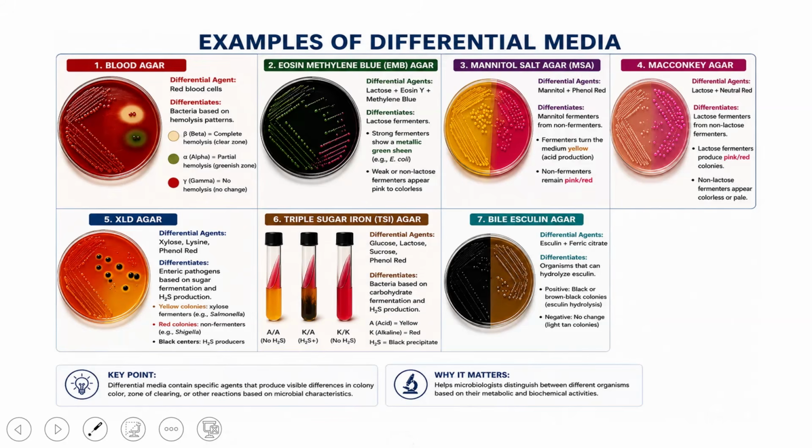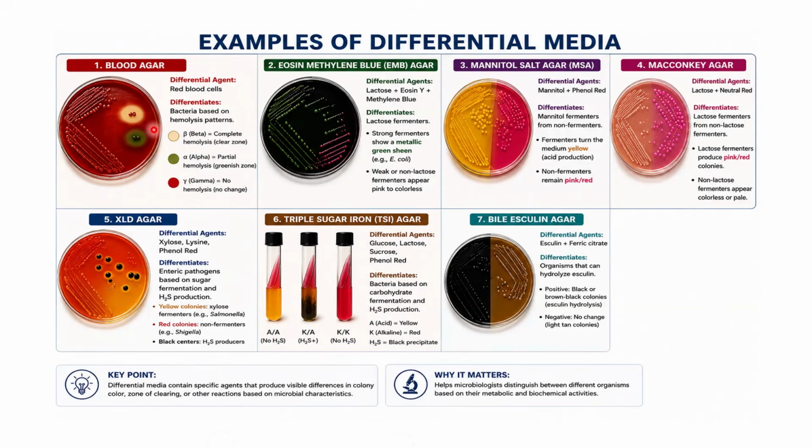So the first differential media we will look at is the blood agar. In the blood agar, the differential agent in the medium is the red blood cell. And these red blood cells help to differentiate bacteria based on their hemolysis pattern.